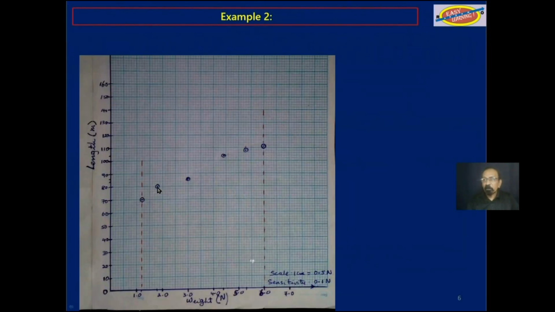So let's speed it up. We skipped a few stages, as you can see. We draw the first quadrant here. We put in the weight on the x-axis. We scale it out up to 7 newtons. We put in the scale and the sensitivity.